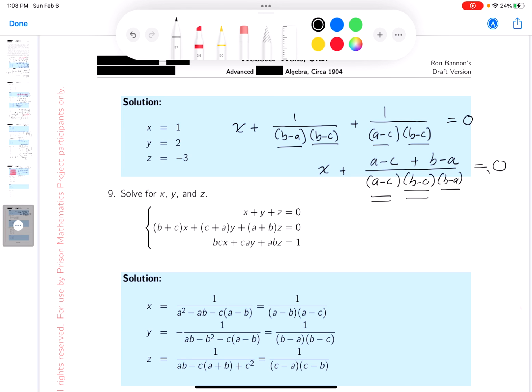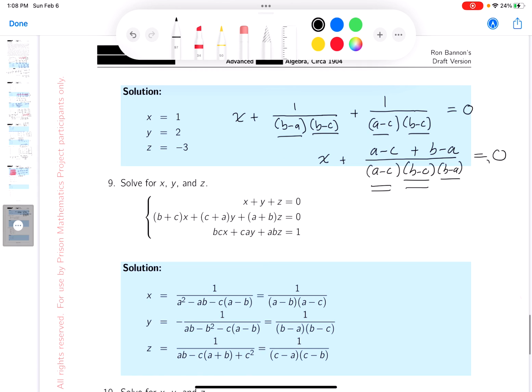All right? Let's keep doing this. And what are you going to get? X plus, let's see, what do you get on top? The a's would disappear, and you would get b minus c. And then you get a minus c over b minus c, b minus a is still equal to 0.